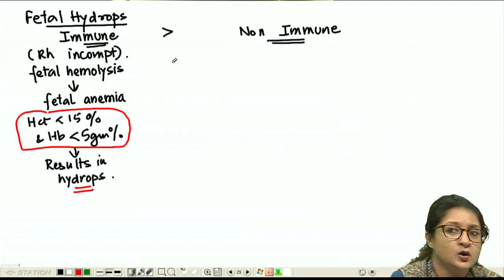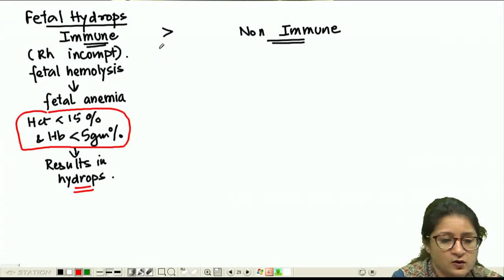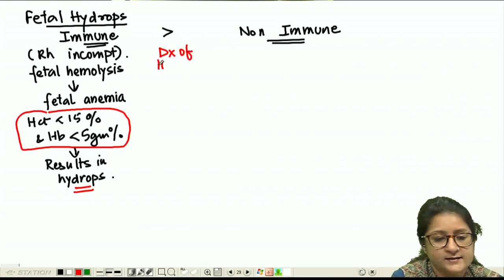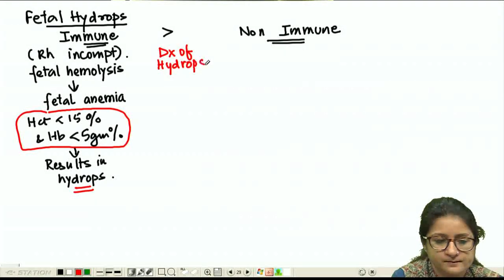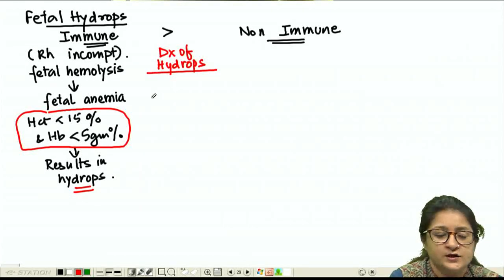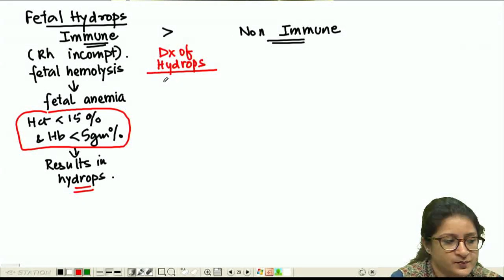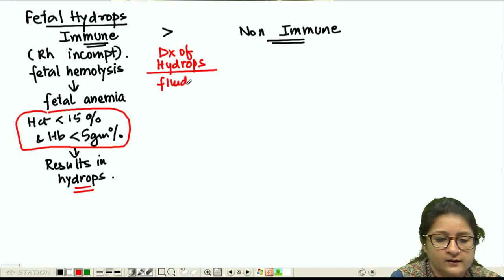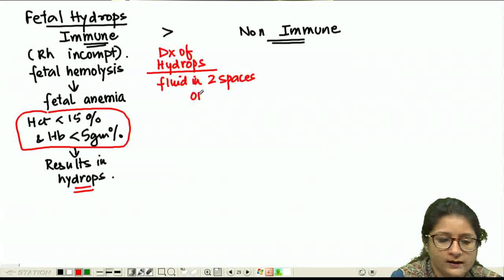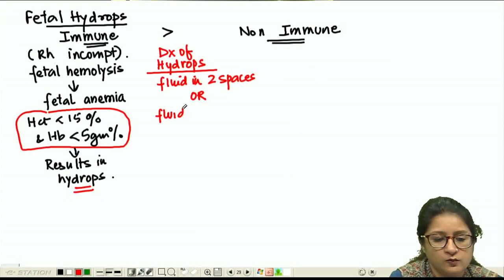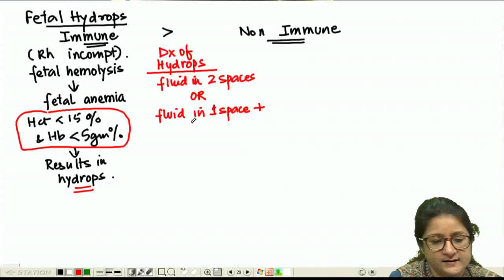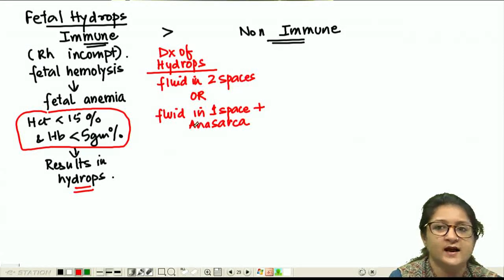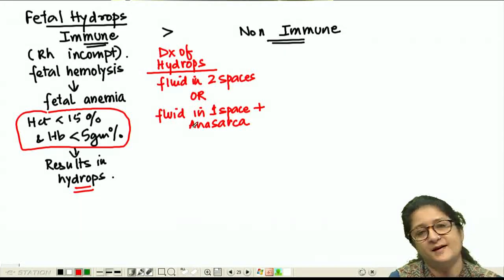Now how do we diagnose this hydrops? The diagnosis of hydrops is done by ultrasound features. In the ultrasound there has to be fluid in 2 spaces, or fluid in 1 space plus anasarca.